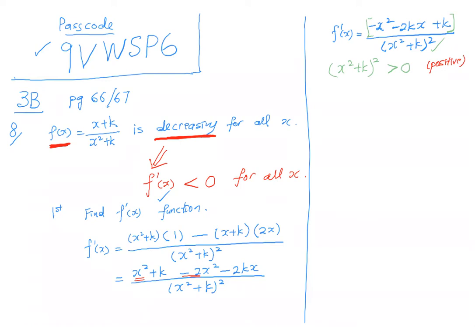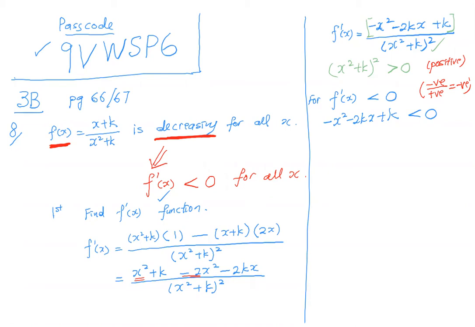So in order for f prime x to be less than 0, it means that negative x squared, the top, must be less than 0, right? Because a negative divided by a positive will give us negative. Those in red is how I teach you to see. Am I right?